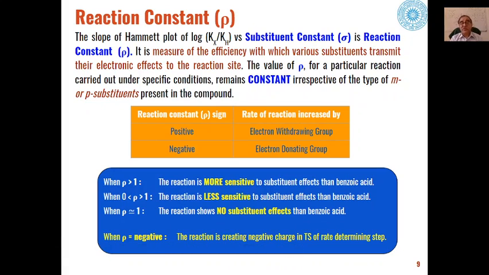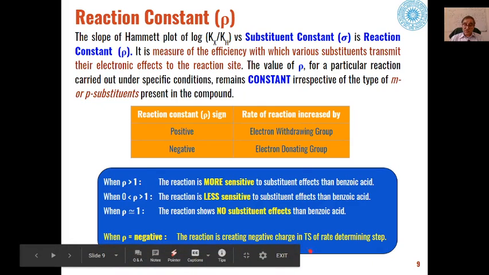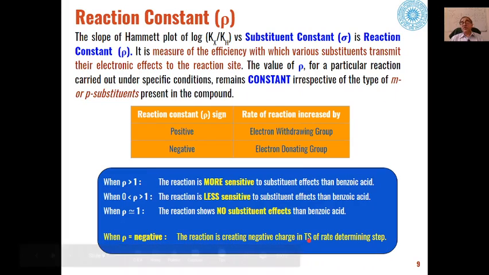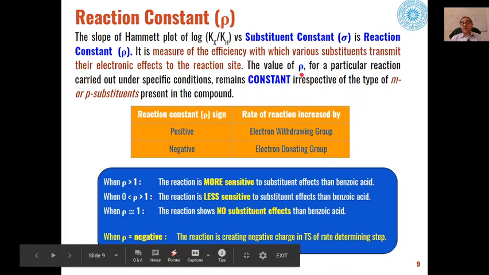And when the value of rho is negative, that means the reaction is creating negative charge in the transition state of the rate determining step. So these conditions will define what will be the value of this rho, whether this will be positive or this will be negative.